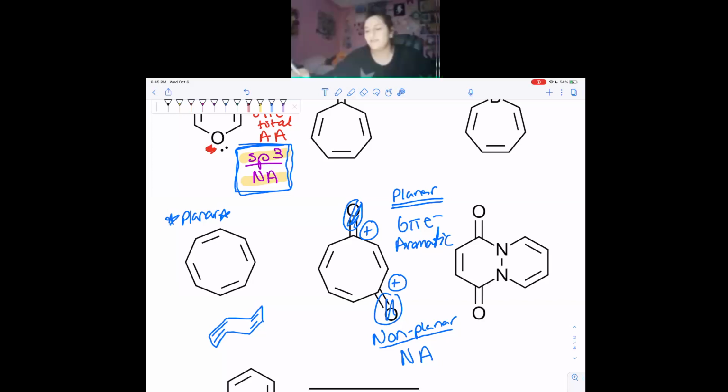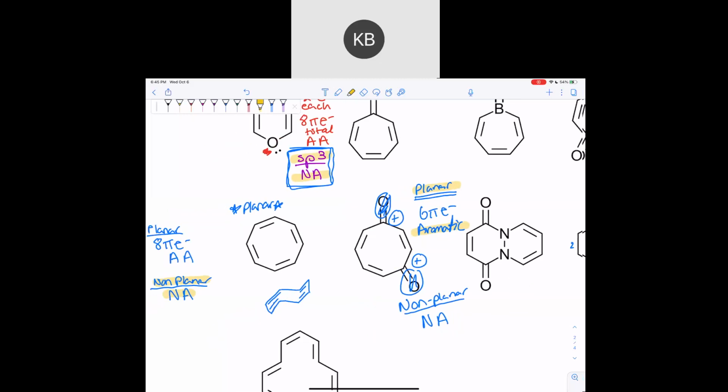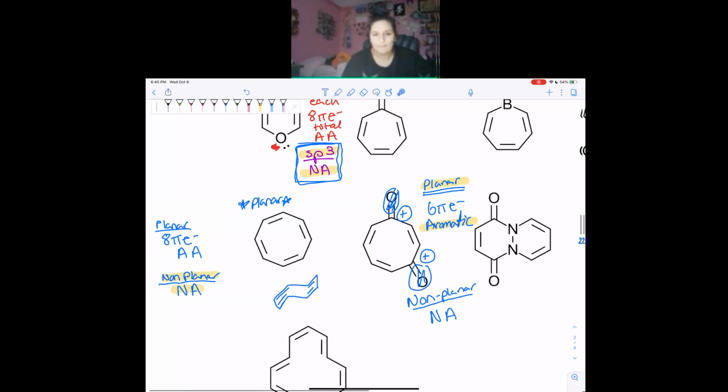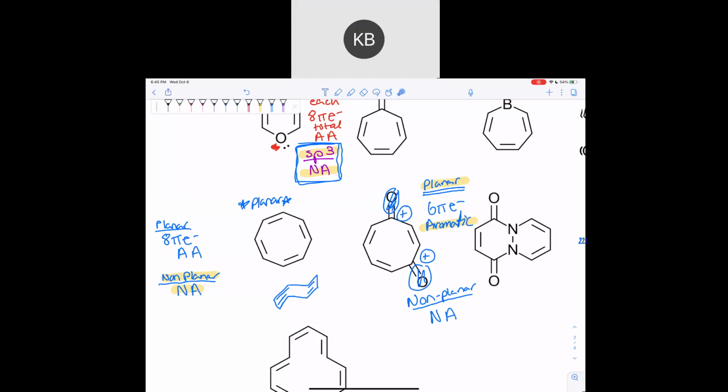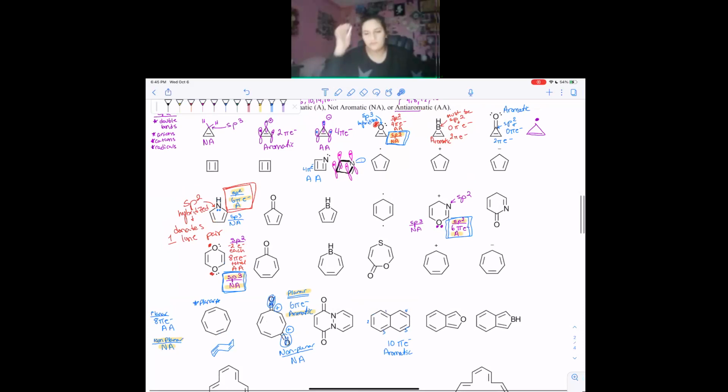So then which one of these is more stable? Aromatic. Yep. So this one would actually choose to be planar, so it would stick flat on the page because that would give it aromaticity. So how do we feel about that one? That one makes sense. Cool. Good. Okay. So any questions at all on the ones we've done? No. Yay!